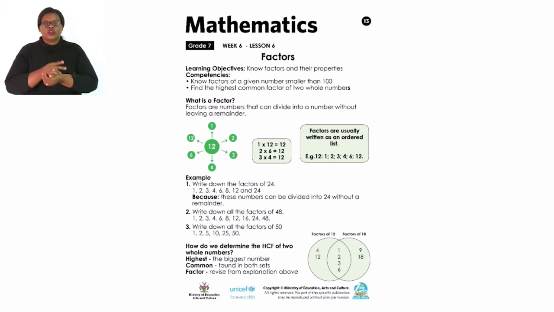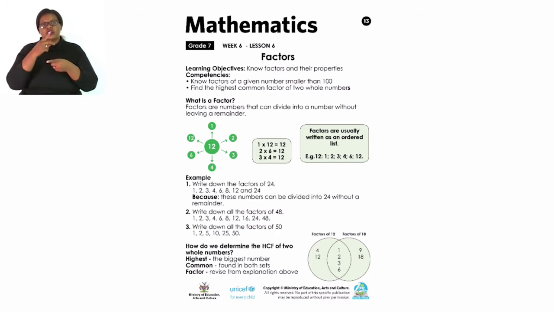2 can divide into 12 6 times. So both 2 and 6 are factors of 12. We divide 3 into 12. 3 divides into 12 4 times. No other number can divide into 12 without a remainder. So what are the factors of 12?